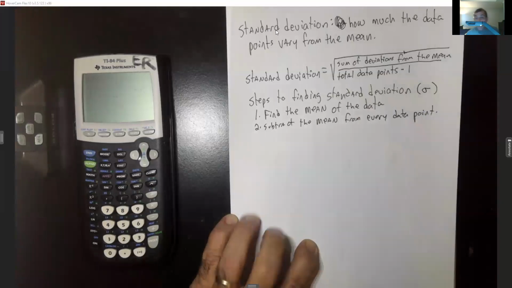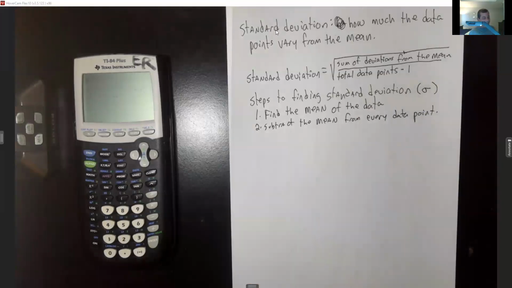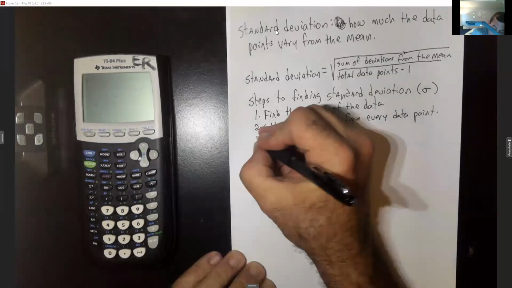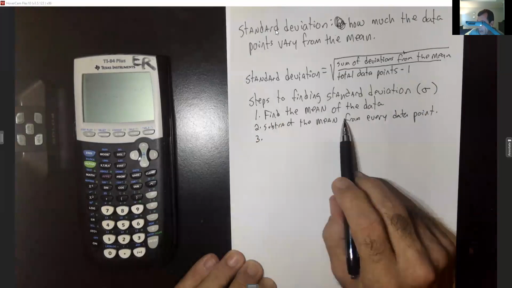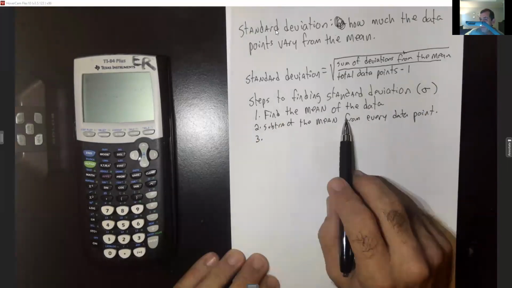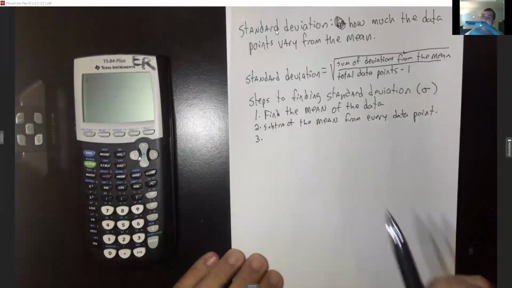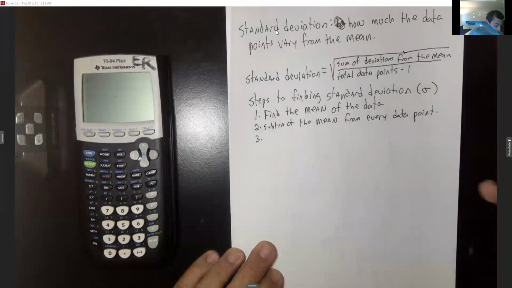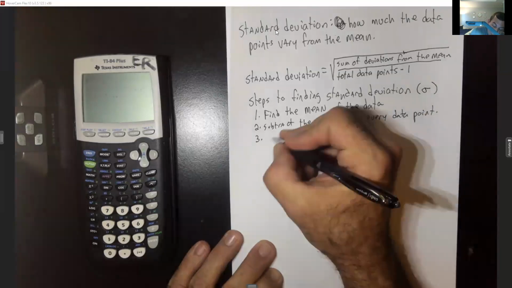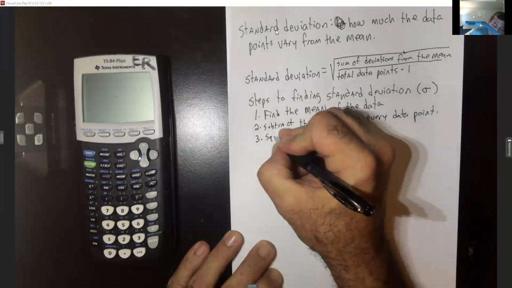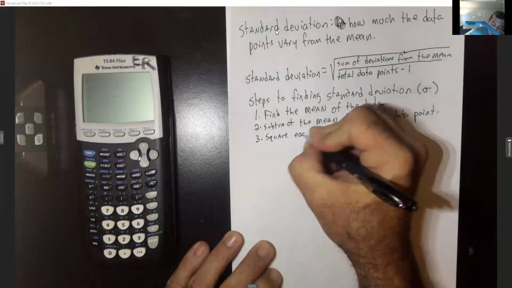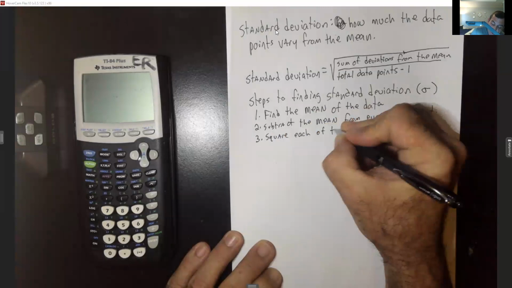So that's when you hope you don't have a whole lot of data points, okay? Alrighty. So that could either give me a positive number or a negative number, depending on whether my points are higher than the mean or less than the mean. But what we do to that then, we square each of those results.